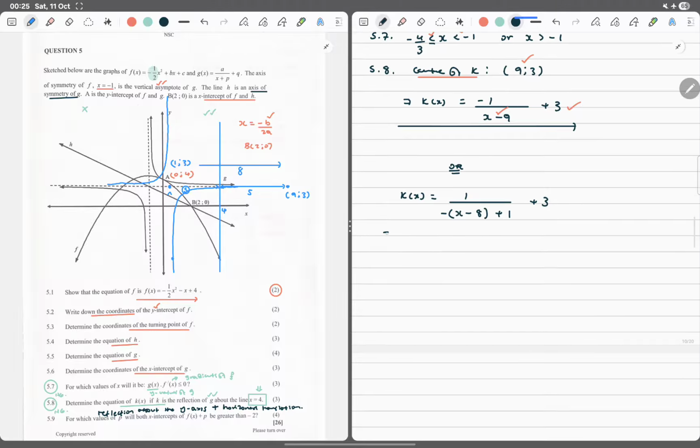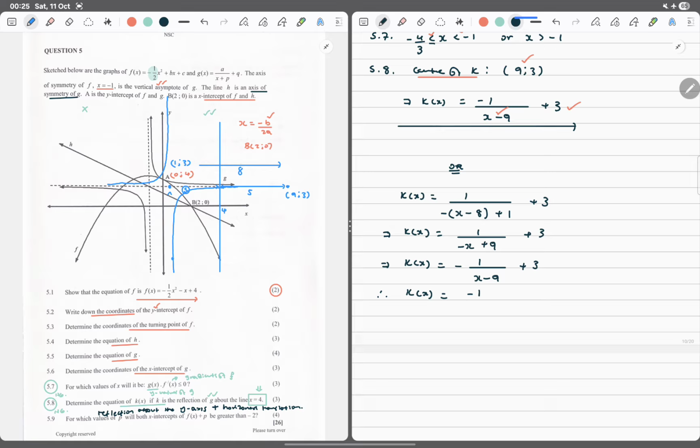So what do we end up with? End up with k of x equals 1 divided by, when we distribute, we get minus x plus 9 plus 3. But we don't like that negative there, because we want to know what the function looks like. If we factor that negative out, we get minus 1 over x minus 9 plus 3.